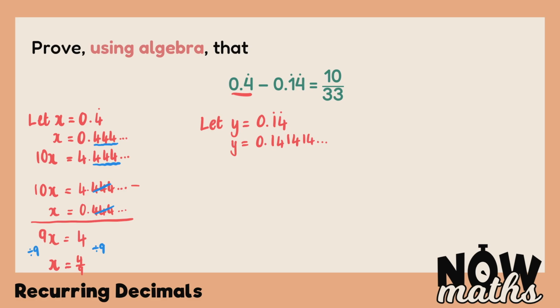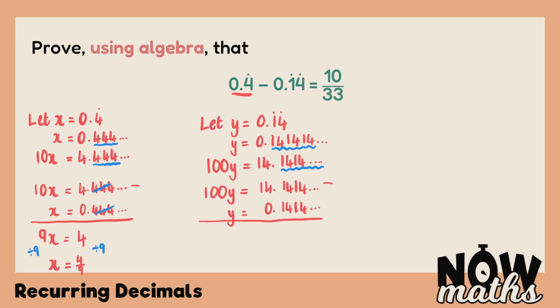So let's do that. So y multiplied by 100 is 100y. And multiplying the decimal by 100, we shift to the left 2 places to give us 14.1414 and so on. Now we're going to subtract because these two decimals match completely after the decimal point.